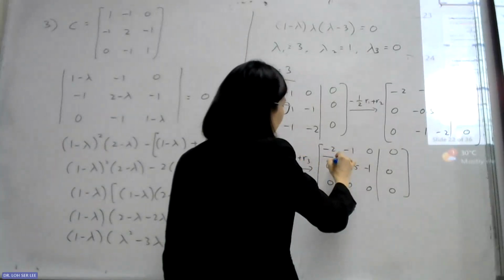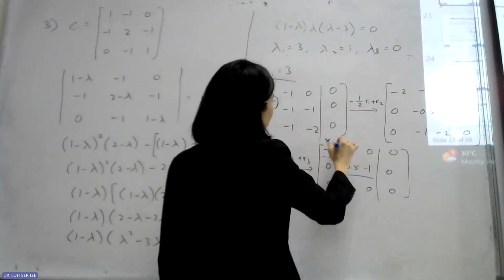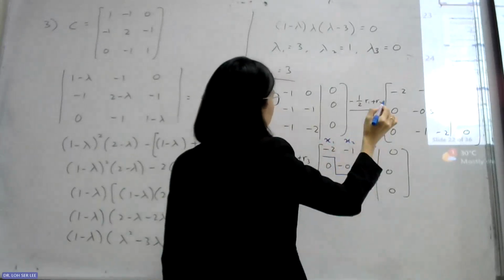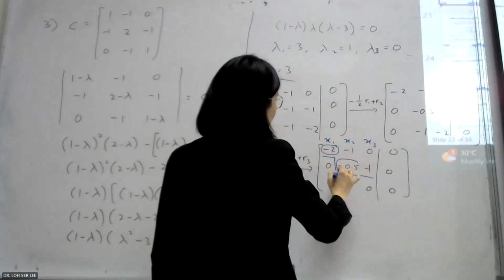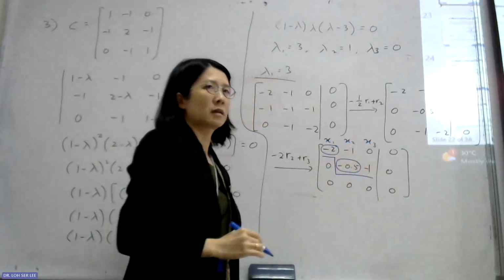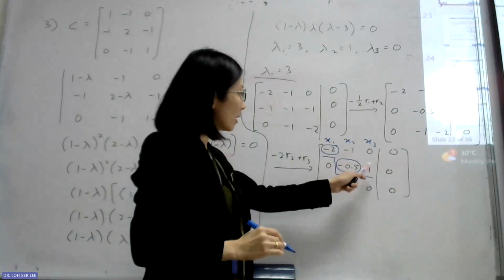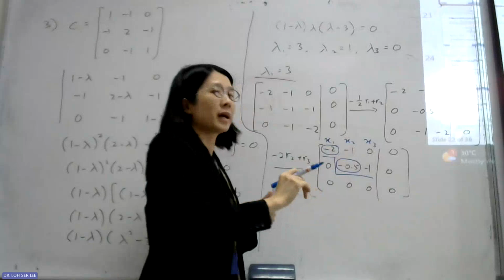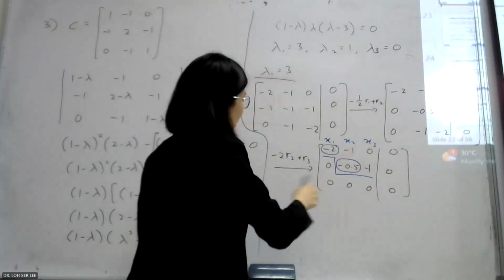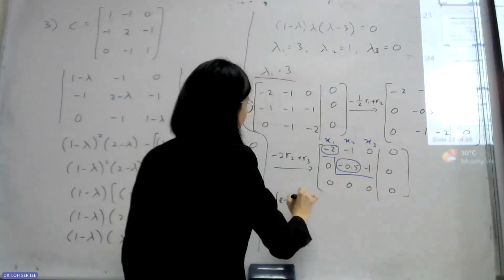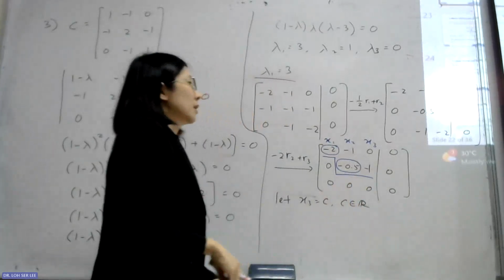So which one is free? x3. You have to know which one is pivot. So we let x3 be C, where C is a real number.